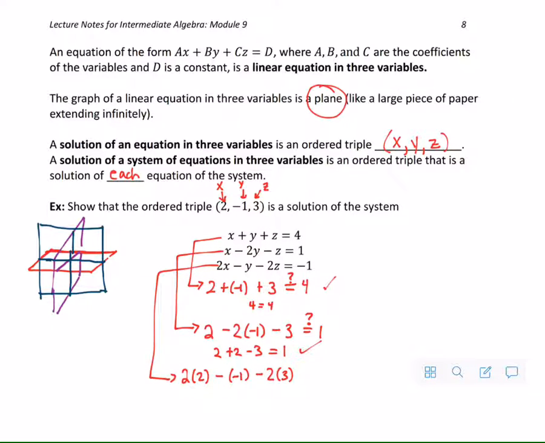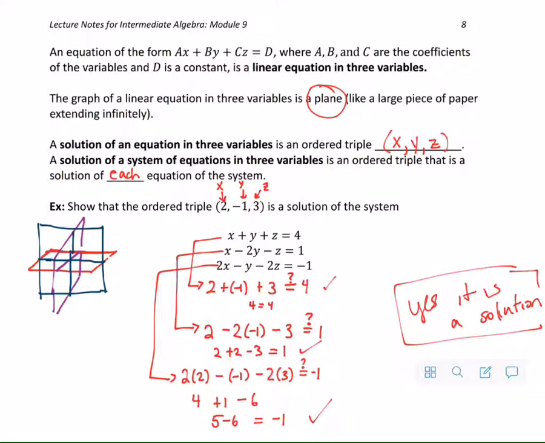Is that equal to negative 1? Okay, so that's 4 plus 1 minus 6. So that's 5 minus 6, which is negative 1. Check. So the answer to this question is yes, it is a solution. But you have to show it, and that's what we just did.